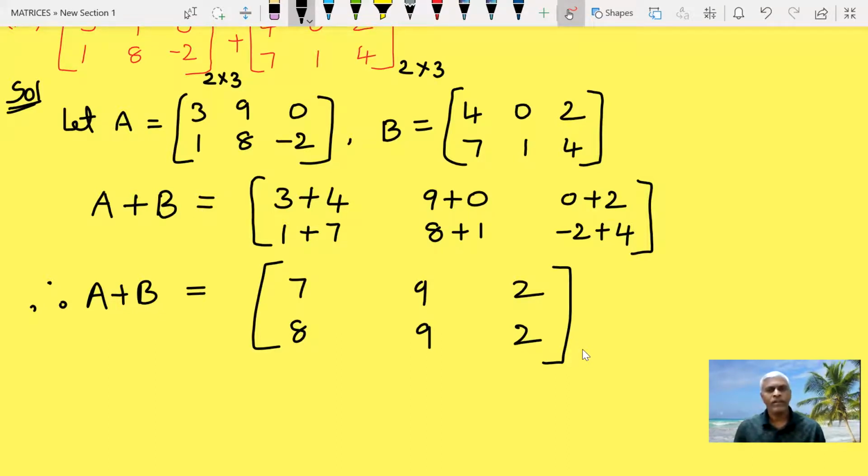The resultant matrix is also of the same order, that is 2 by 3. Here 2 by 3 is called the order of the matrix. So what is 2? 2 represents the number of rows in the matrix.